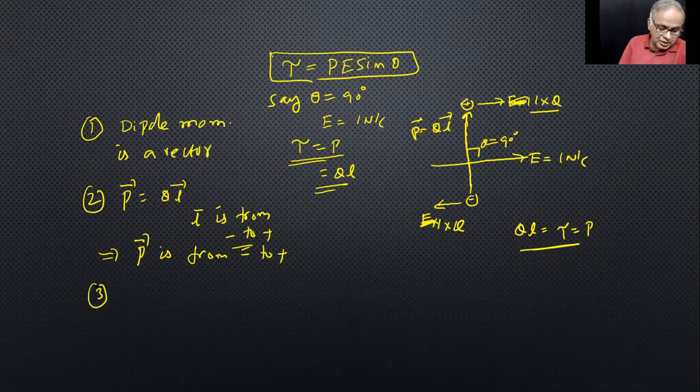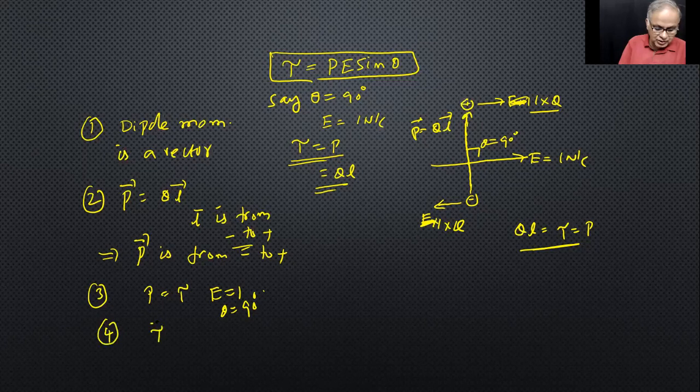And P equals tau when E is 1 and theta is 90. And of course, the tau formula is tau equals P cross E. So this is what we have found out from this lesson.